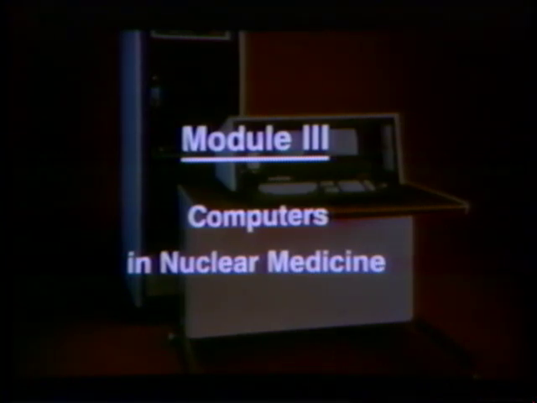Computers in nuclear medicine. With the computer, nuclear medicine has taken on a new perspective. Computers can enhance any of the studies we have previously discussed. They can provide additional analysis of the data using mathematical techniques which are more sensitive than the human eye.